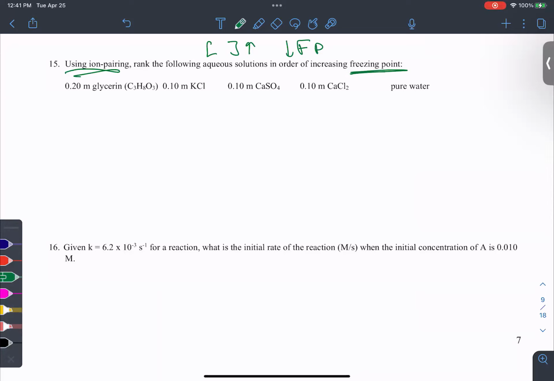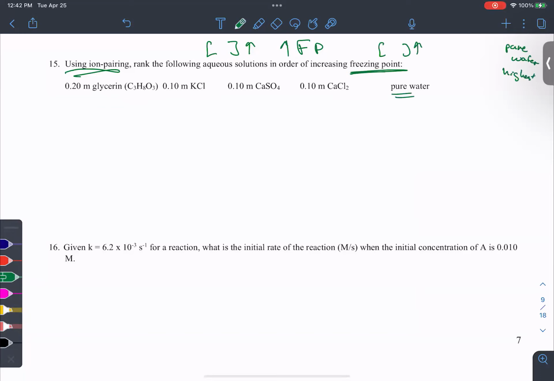So really this question is asking, can you order these in order of increasing or differing concentration? We want increasing freezing point. If we think about freezing point depression, the most concentrated will have the lowest freezing point, while pure water will have the highest freezing point.